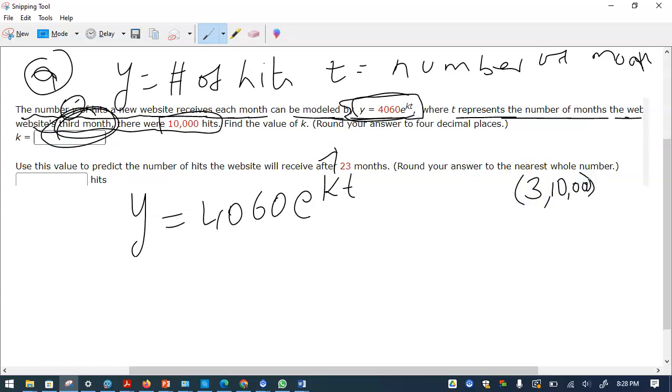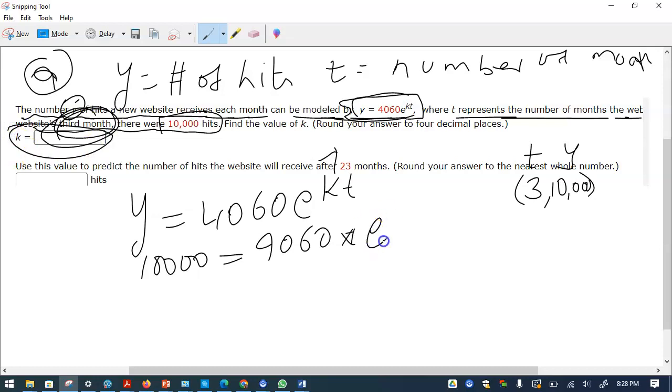That means t is 3 and y is 10,000. So all you do, you put 10,000 right here equal to 4060. The first step is better to write this down because we need to find the value of k. So the first question, what is that k? So e raised to k times 3.